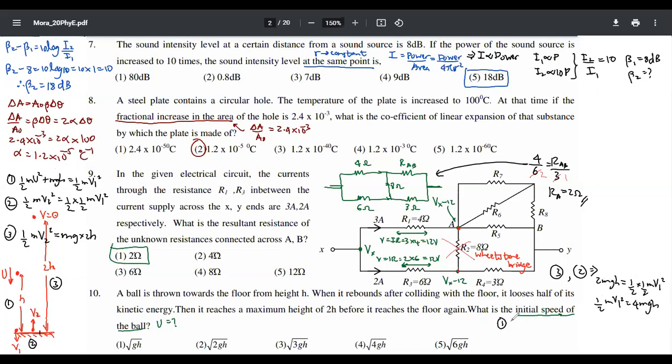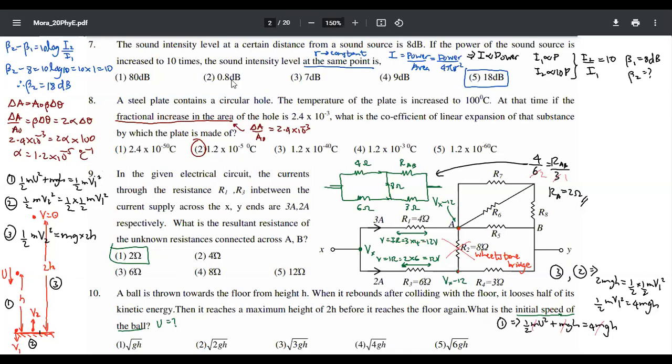In the first equation, I have half mu squared plus mgh equal to, instead of half mv1 squared, I can substitute 4 mgh. Right, simple. And then all the m's will get cancelled out.